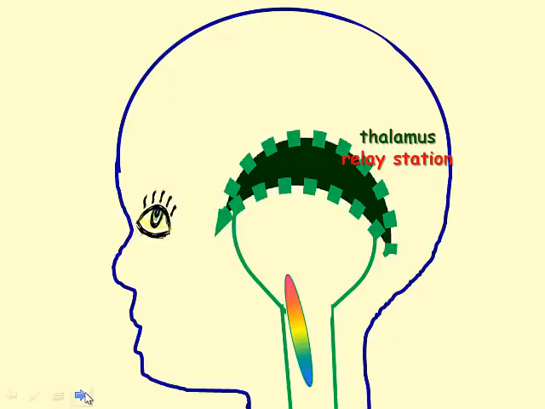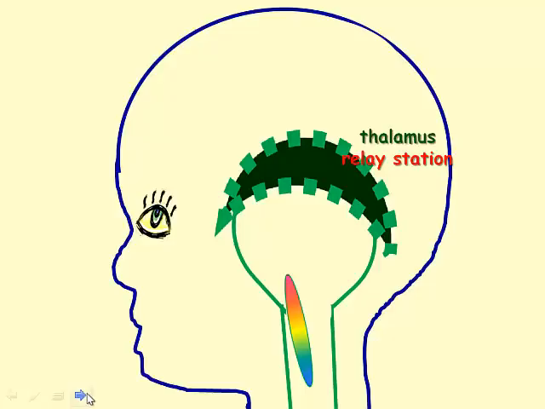The thalamus is where almost all incoming stimuli goes first, and it's then sorted out. Your visual information goes to the occipital lobe. Or your tactile stimuli go to the sensory cortex. Some information bypasses the thalamus and goes directly into the sensory motor cortex.